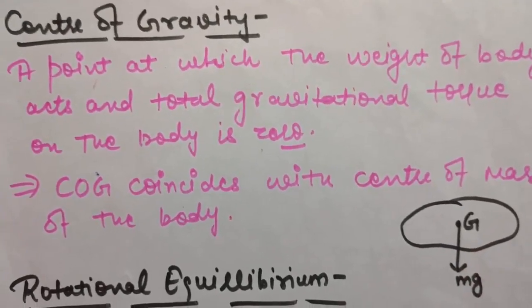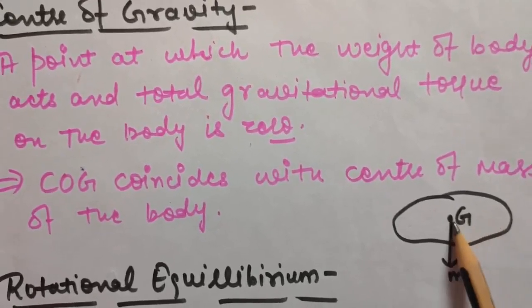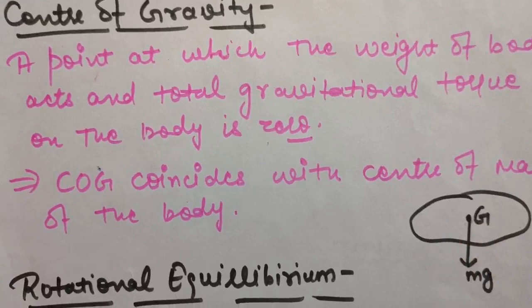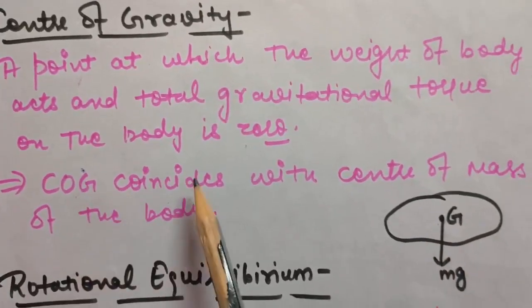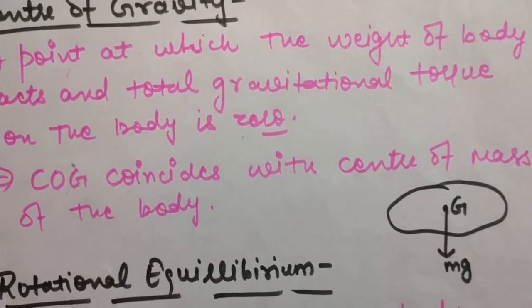That is the point where the weight of the body acts and the total gravitational torque at this point will be 0. Okay, so in some cases center of gravity coincides with center of mass, and in some cases it may not coincide as well.